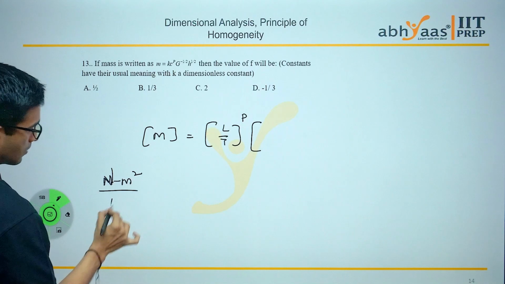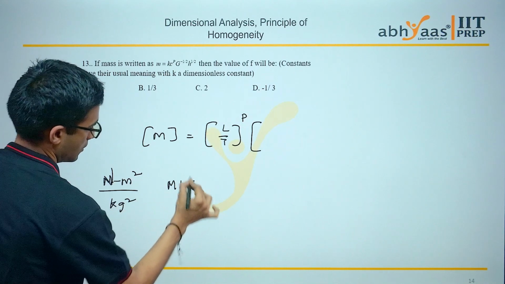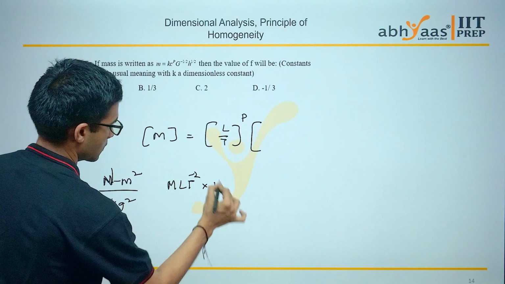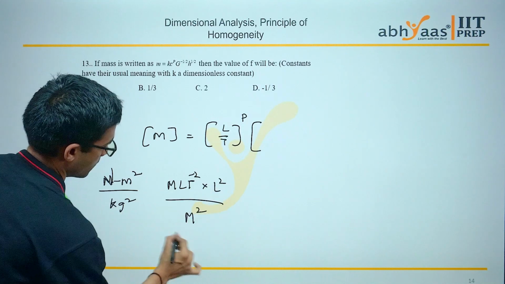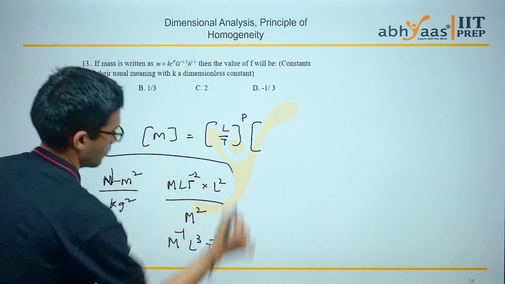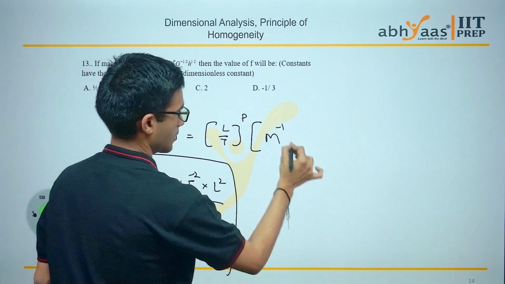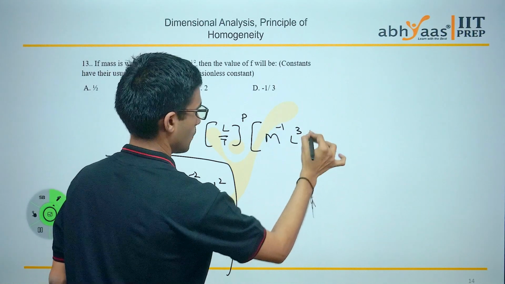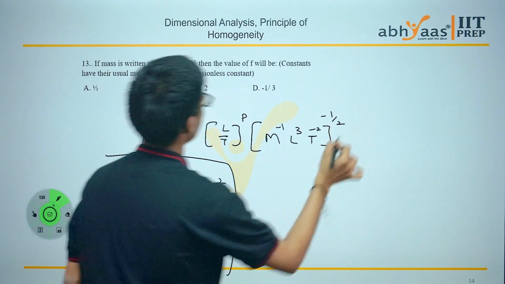Newton is a force, M L T power minus 2, into L square divided by M square. So M power minus 1 L cube T power minus 2. Every time we have to remember this. So M power minus 1 L cube T power minus 2, all to the power minus 1 by 2.